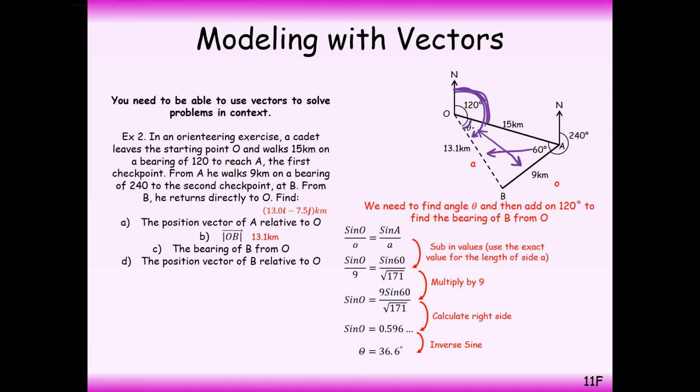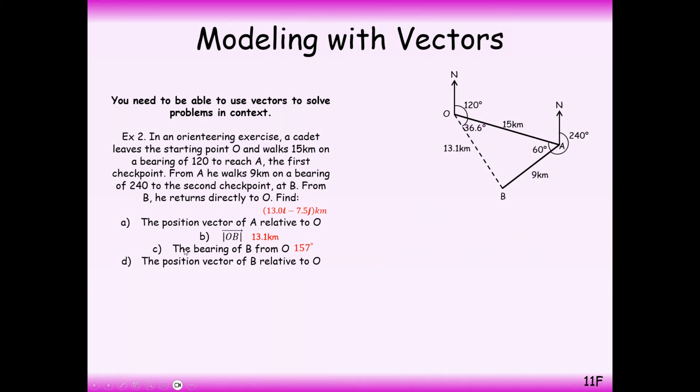So I'll put theta there. Now for the bearing, don't forget this 36.6 plus the 120 above it, because bearings are measured from the north line and given in three significant figures. So you round this 36.6 to 37 and add 120 to it, and you get the answer there.